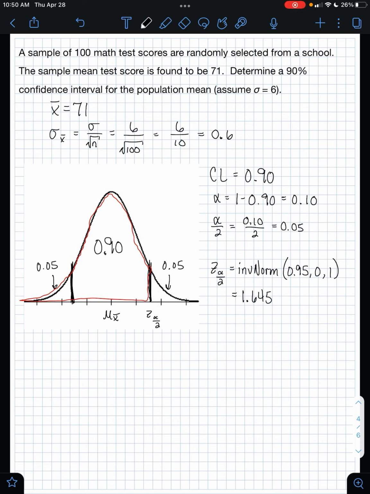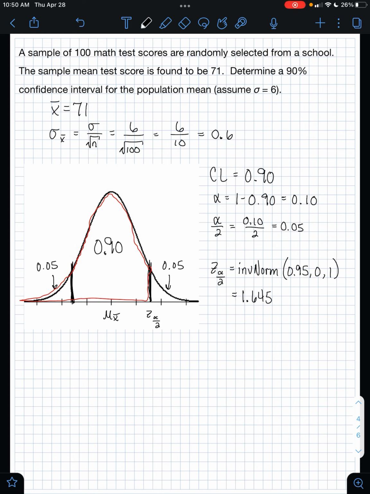None of those other three values we used up till now have any influence on the z-score, which means in a completely different problem, if I'm asked to find a 90% confidence interval, my z-score is going to be, again, 1.645. In fact, anytime you're asked to do a 90% confidence interval, the z-score will be 1.645. So that's kind of nice. The z-score is directly based on the confidence level and nothing else.